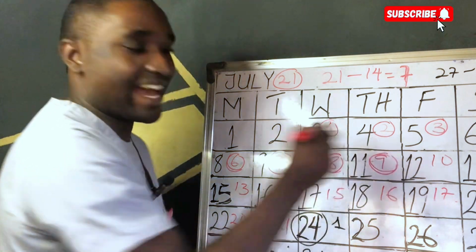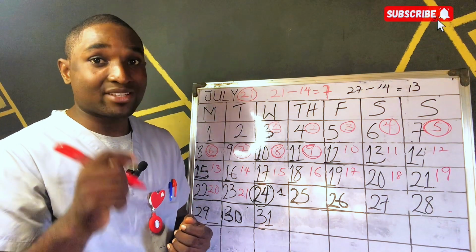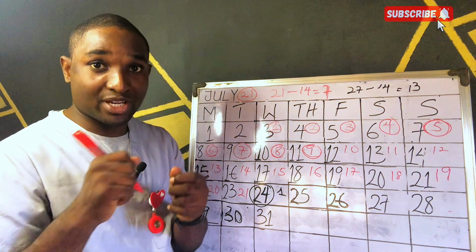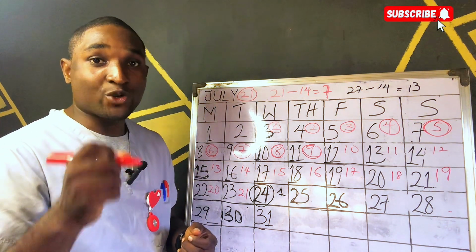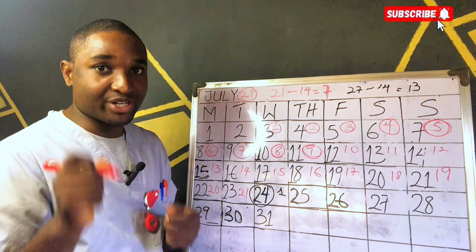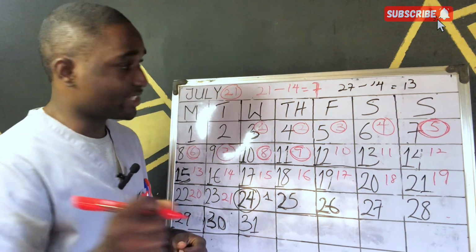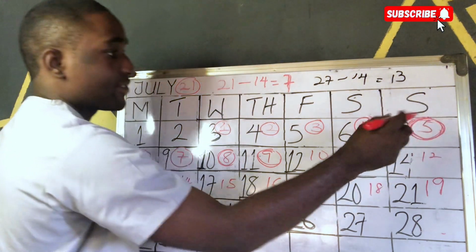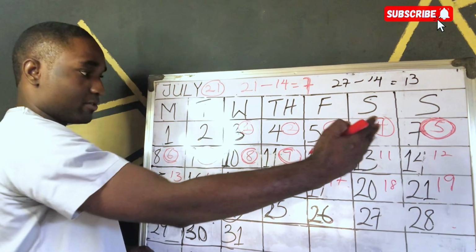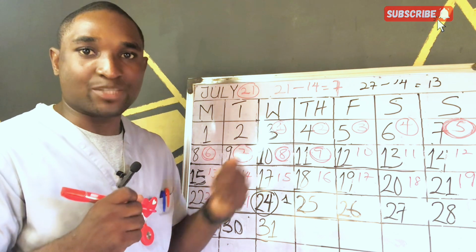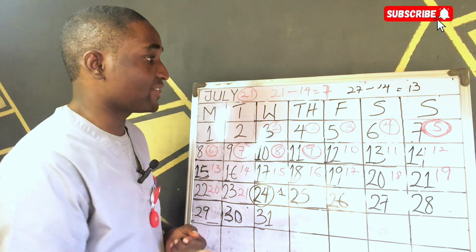Then, because sperm can swim for up to 3 to 5 days in a woman's uterus or fallopian tube, count 5 days before your earliest expected ovulation period. So in the case of this woman, her earliest expected ovulation period is day 5, because 5 is the earliest out of all these figures. So we count 5 days before her earliest expected ovulation day. So let's count 5 days before.